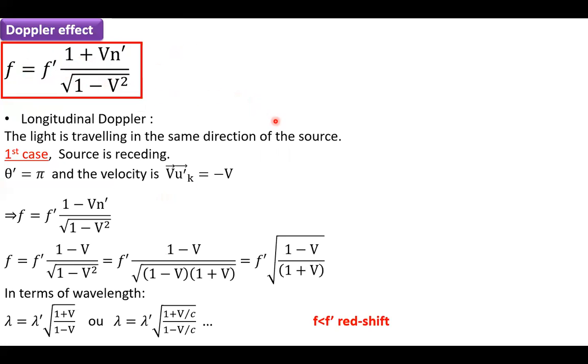You have two types of Doppler effects in relativity: the longitudinal Doppler effect and the transversal Doppler effect. Let's begin with the longitudinal Doppler effect. The longitudinal Doppler effect is when light is traveling in the same direction as the source.